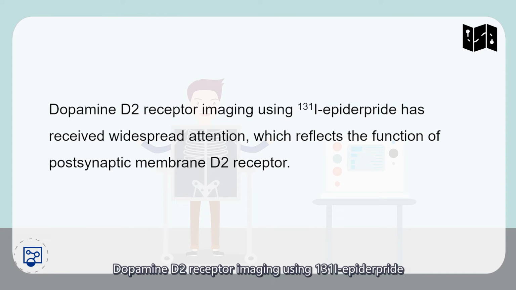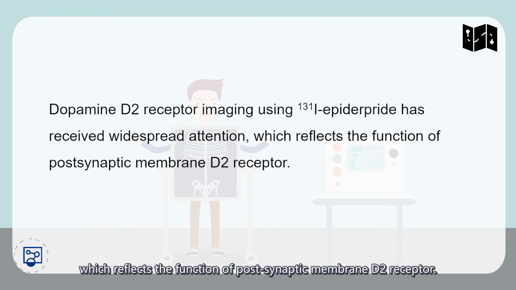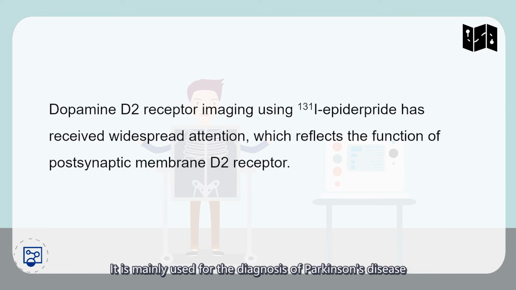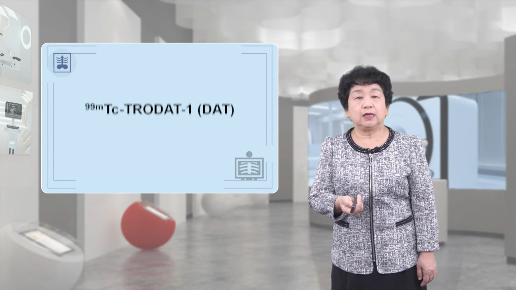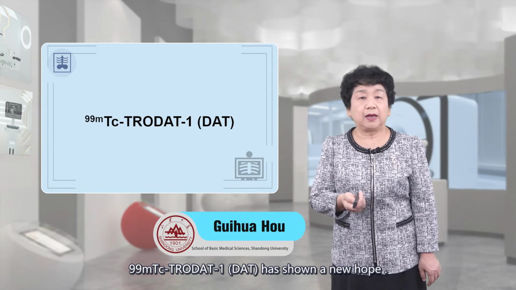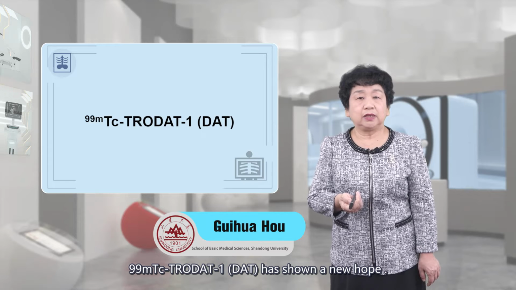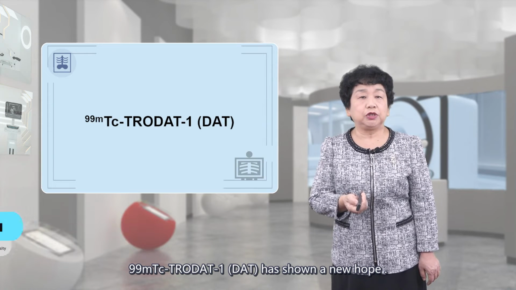Dopamine D2 receptor imaging using iodine-131 epidepride has received widespread attention, which reflects the function of the postsynaptic membrane D2 receptor. It is mainly used for the diagnosis of Parkinson's disease and the observation of curative effect. In recent years, technetium-99m labeled TRODAT-1 has shown new hope.